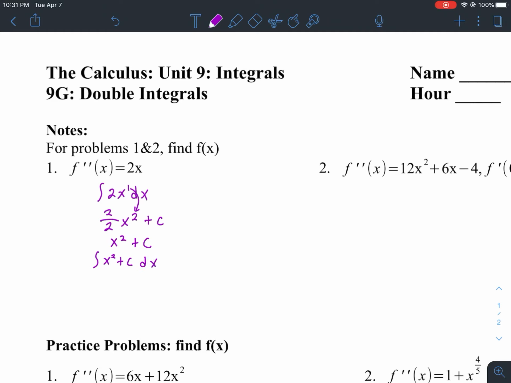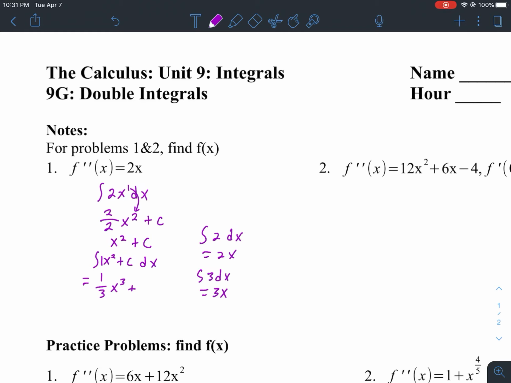The antiderivative of x squared is 1 over the new exponent, 1 over 3, x to the third. The antiderivative of c, the antiderivative of any constant, like 2, the antiderivative of 2 with respect to x is 2x. The antiderivative of 3 with respect to x is 3x.